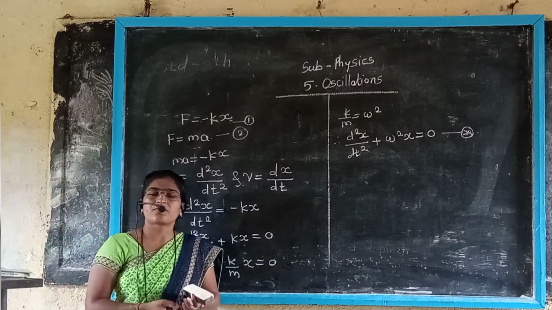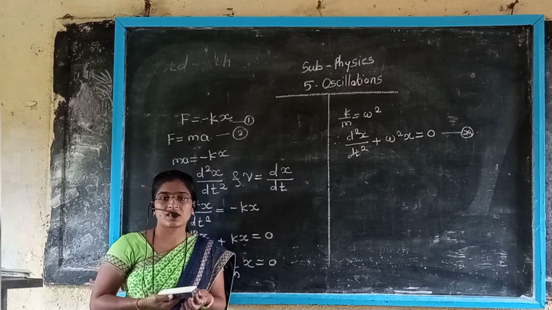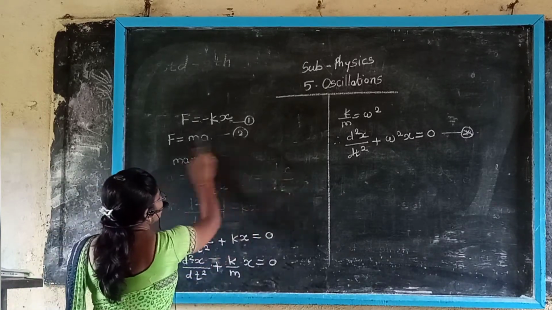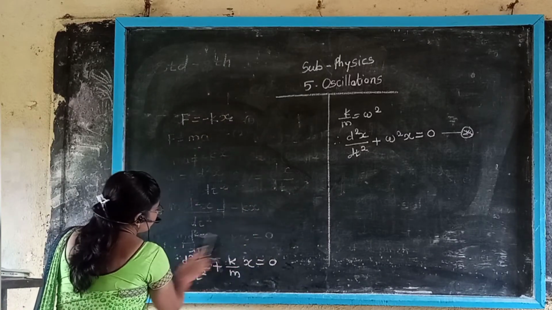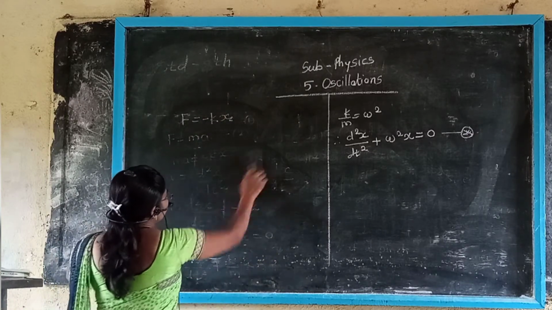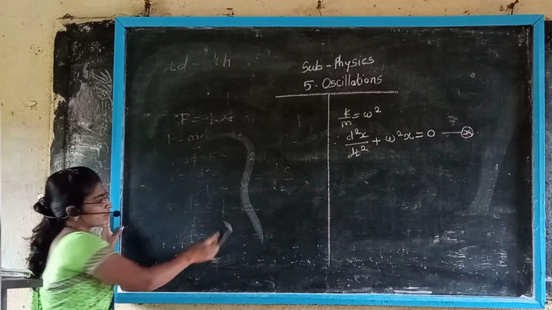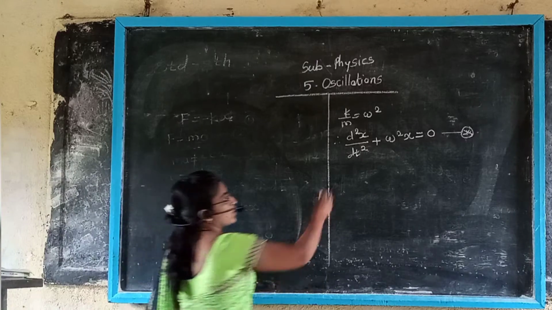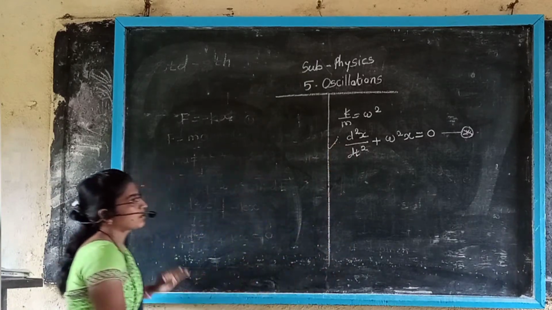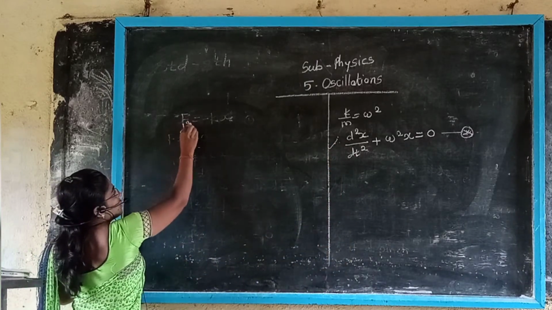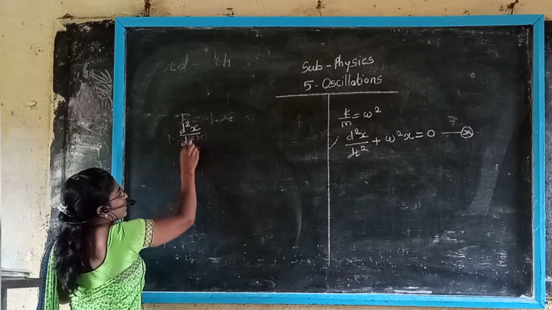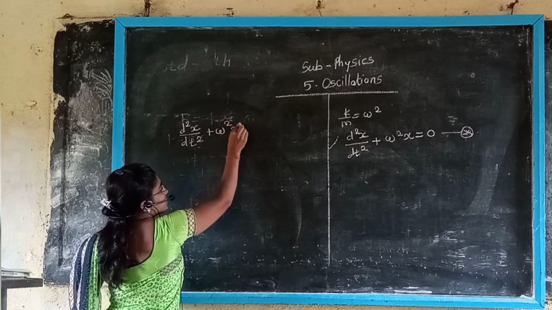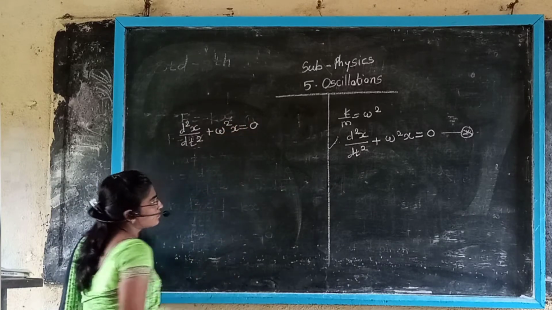Now we have to find the equations for acceleration, velocity and displacement using this differential equation, d2x by dt square plus omega square x is equal to 0.